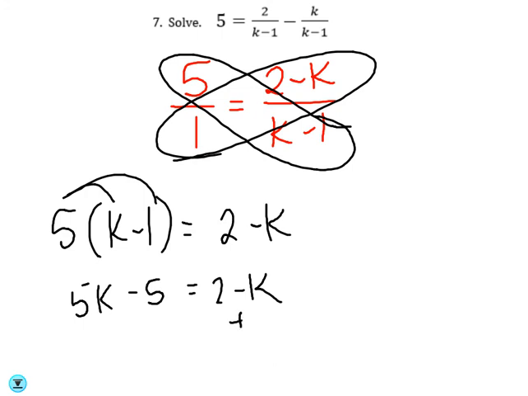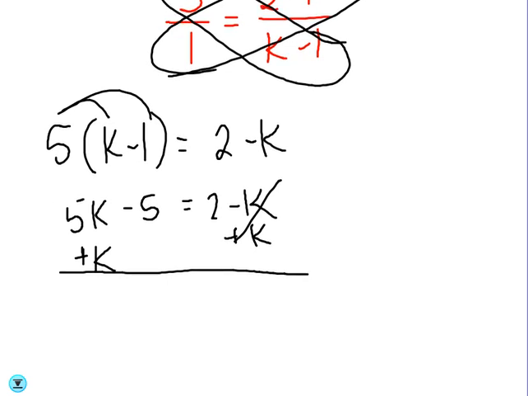We like keeping k positive, so I'm going to add k to both sides. That's a plus. Give us some more room to work with. 6k minus 5 is equal to 2.